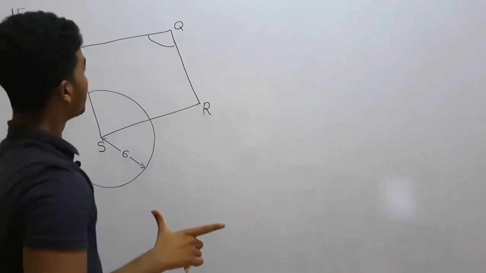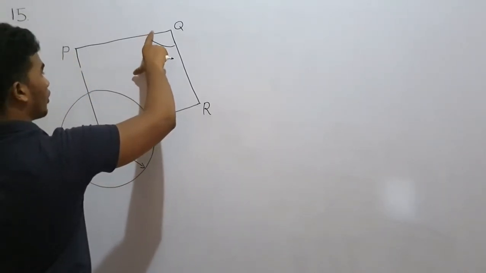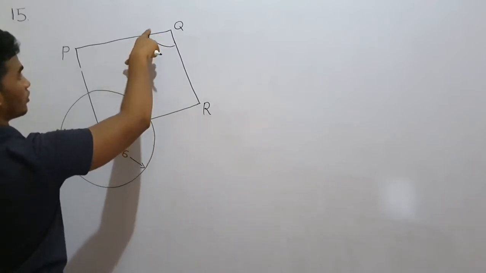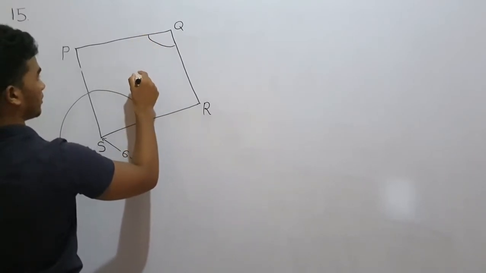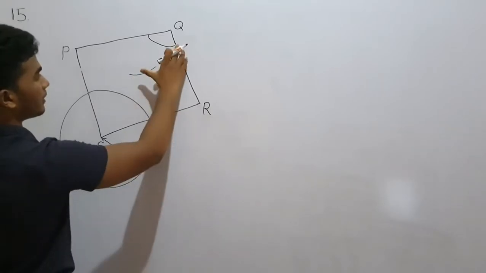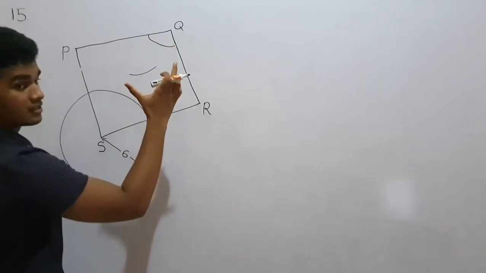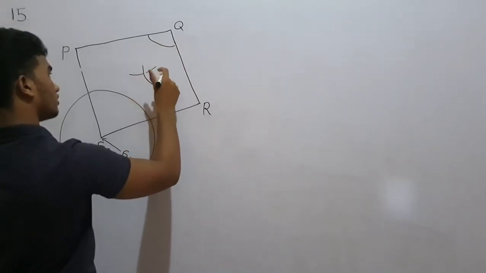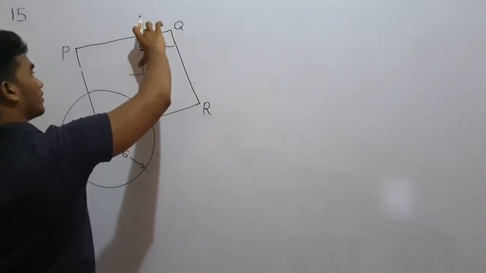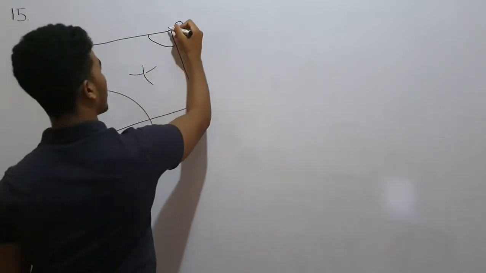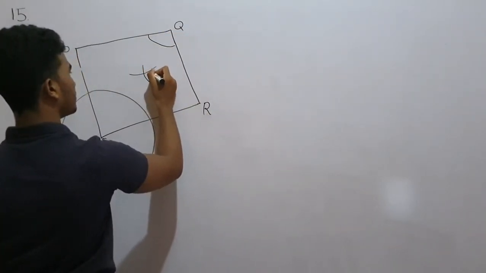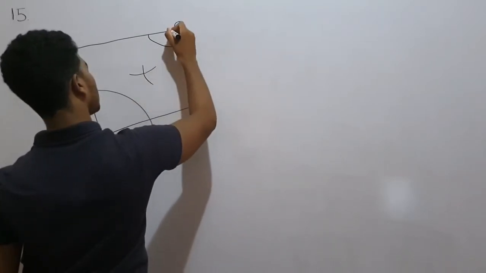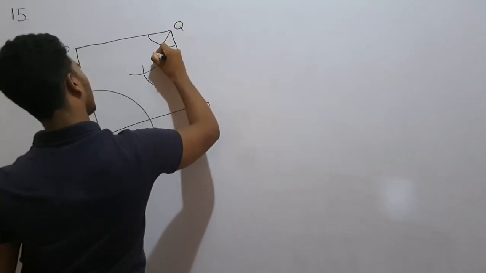Then expand your compass again and draw an arc, keeping at this corner of the earlier drawn circle. Then again keep it at the other corner without changing the compass size and draw another arc. It's like this and like this. Then from point Q to the intersecting point of the two arcs, join the line. So it will be coming something like this.